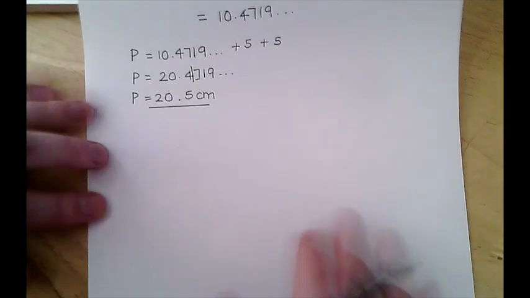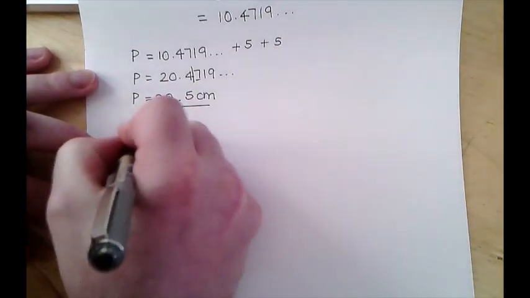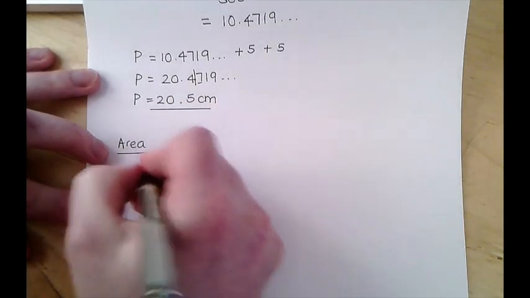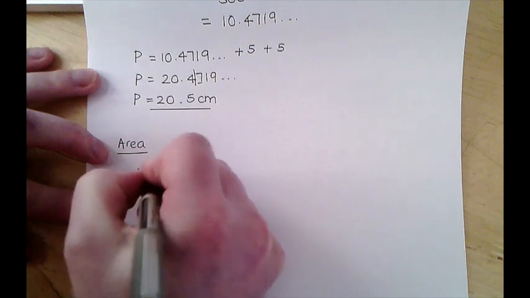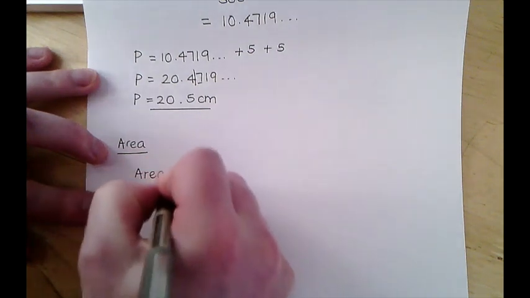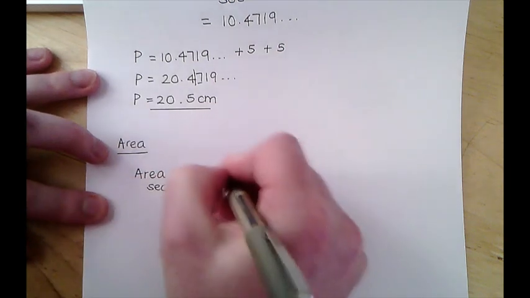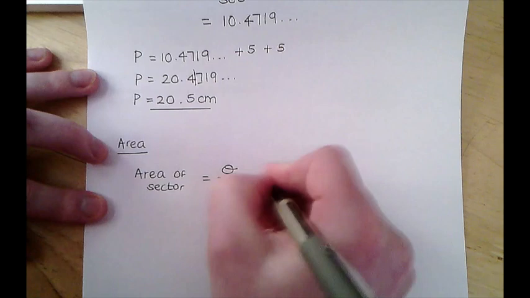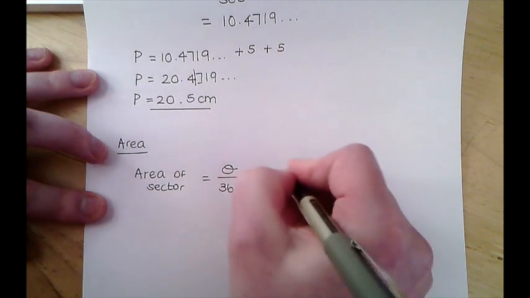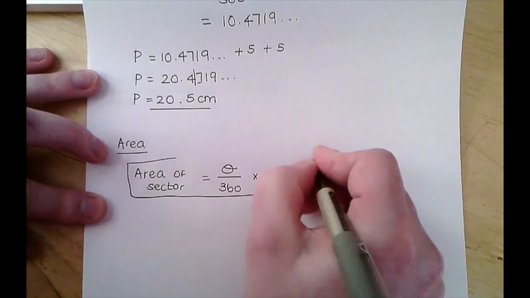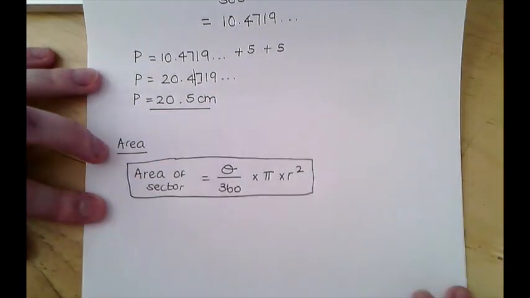Now the area. We need to use the formula: area of a sector is theta, or the angle, divided by 360 times pi times r squared, where r is the radius.